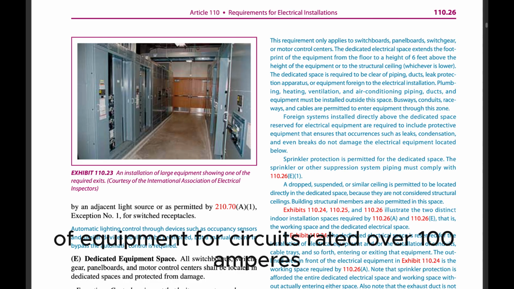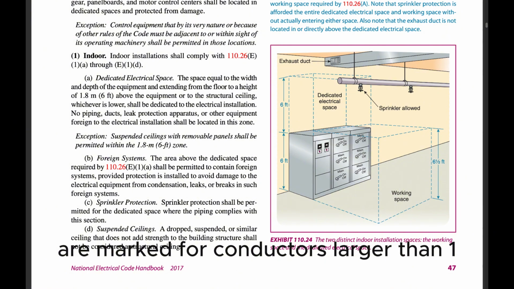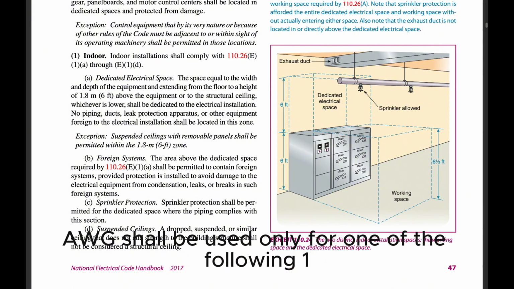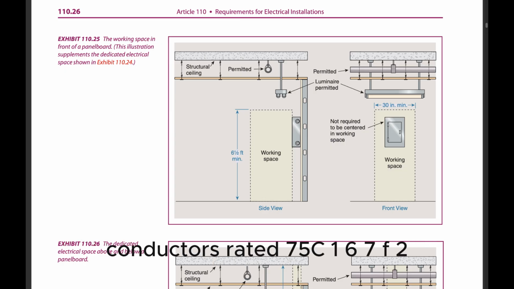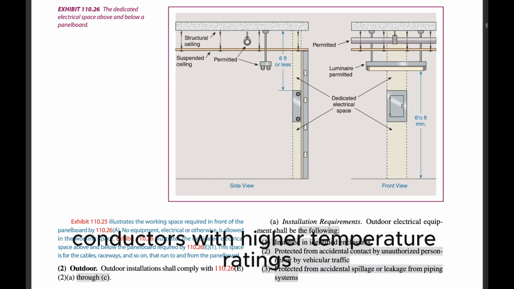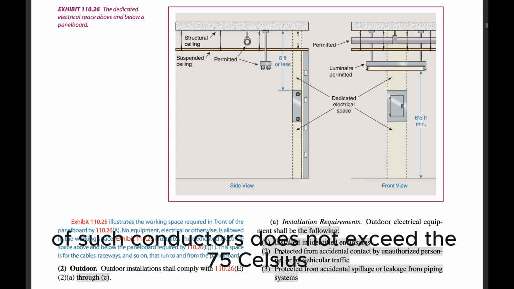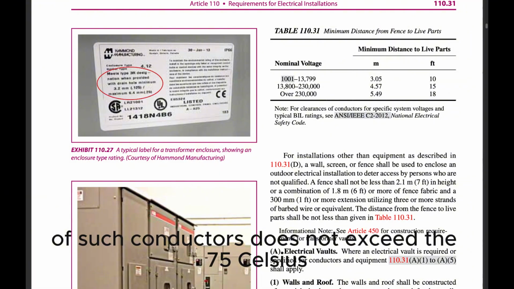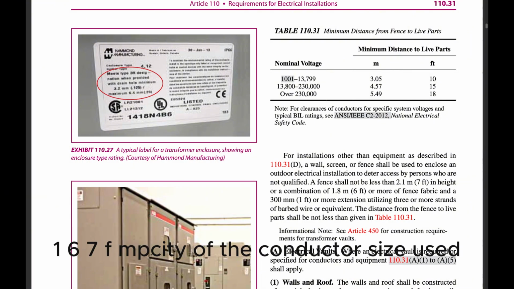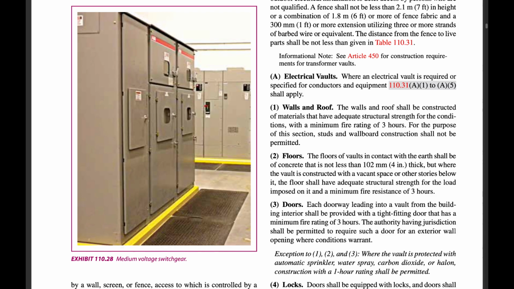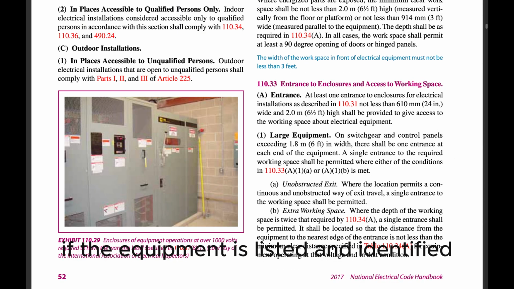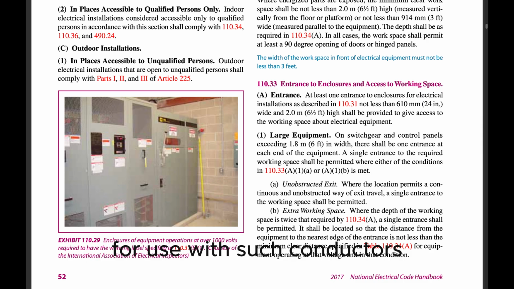Termination provisions of equipment for circuits rated over 100 amperes, or marked for conductors larger than 1 AWG, shall be used only for one of the following. (1) Conductors rated 75°C (167°F), or conductors with higher temperature ratings, provided the ampacity of such conductors does not exceed the 75°C (167°F) ampacity of the conductor size used, or up to their ampacity if the equipment is listed and identified for use with such conductors.